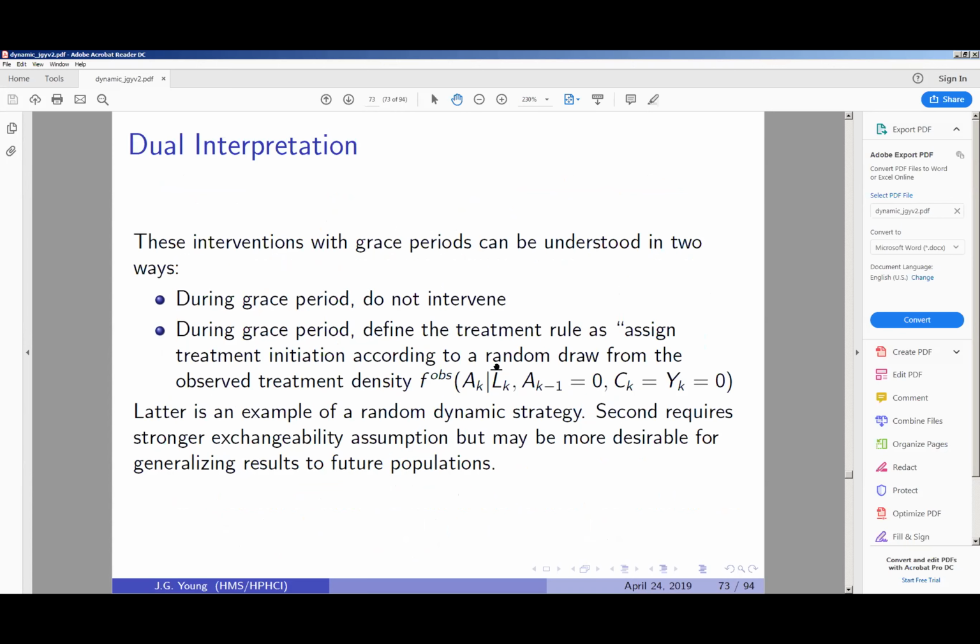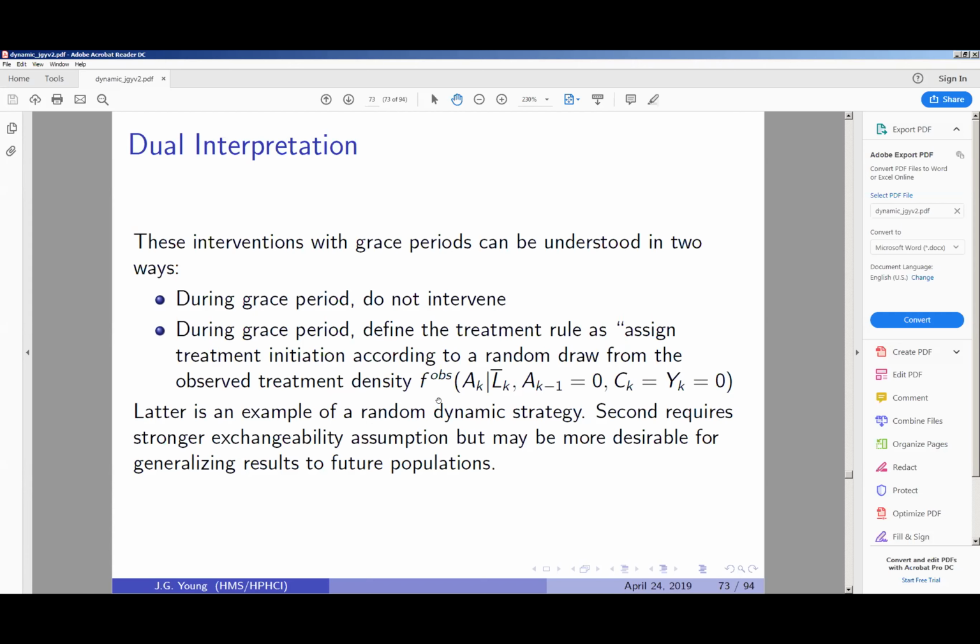There are actually two interpretations of these grace period interventions. One is during the grace period, just simply don't intervene, assign treatment according to how it's assigned in the data, and because I didn't intervene, in HIV causal, I have no idea, it could even depend on you in those periods, who knows. But another way to interpret these grace period interventions is to say during the grace period, assign treatment initiation according to a random draw from the observed treatment density.